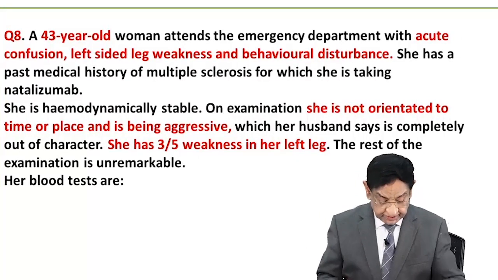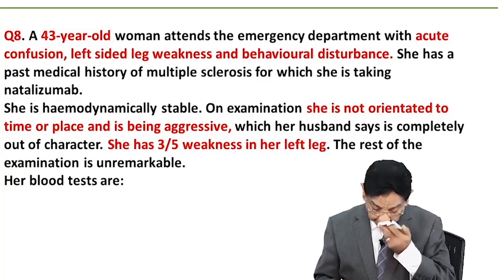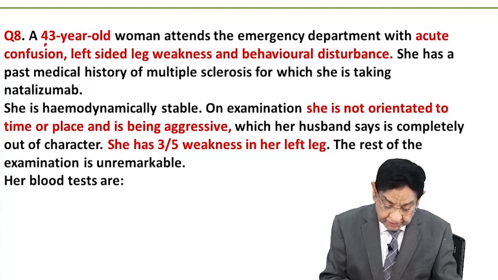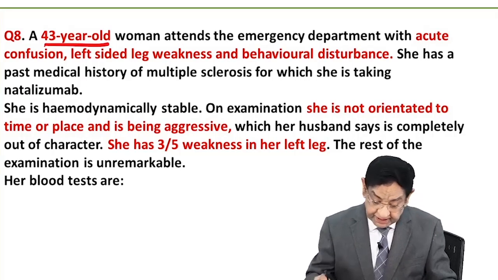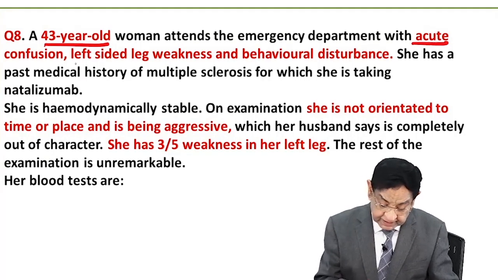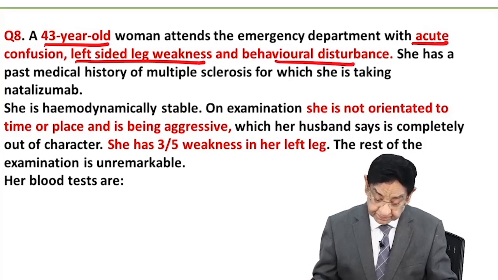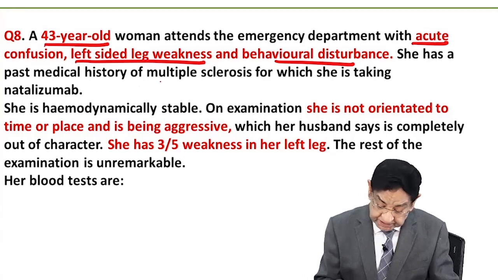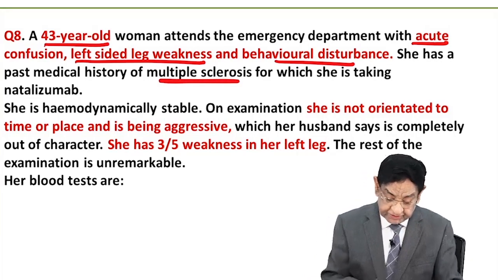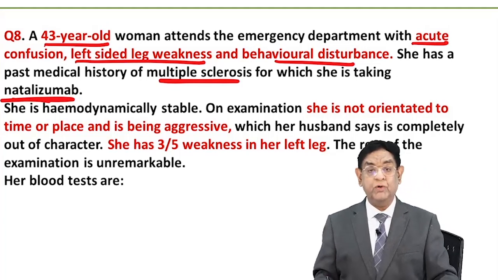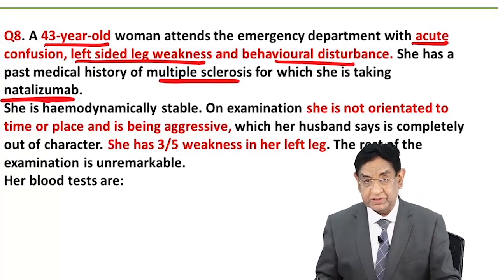Now we talk about question number 8. Again, we are getting a 43-year-old lady. Acute confusion, leg weakness and behavior disturbance. She has a past history of multiple sclerosis, for which she is taking natalizumab. Oh, we read about this drug.